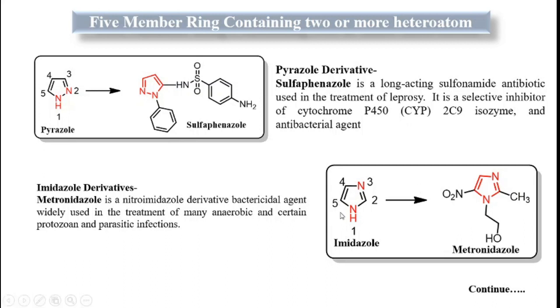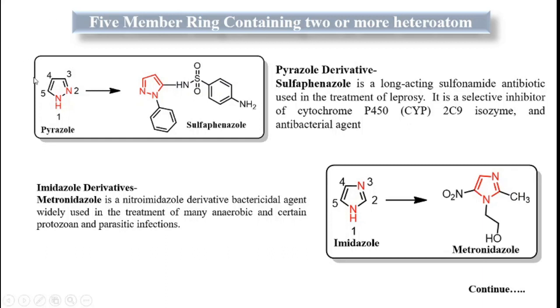So imidazole is one of the five-member rings which contains two nitrogens at position numbers 1 and 3. Whenever you explain that ring or describe it to someone, you should describe the structure like that. This is pyrazole.